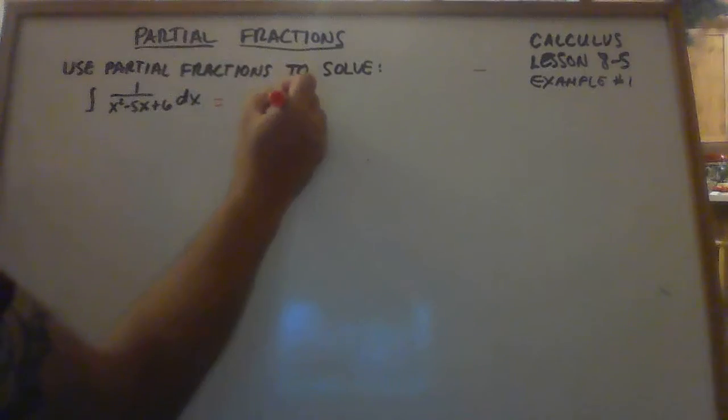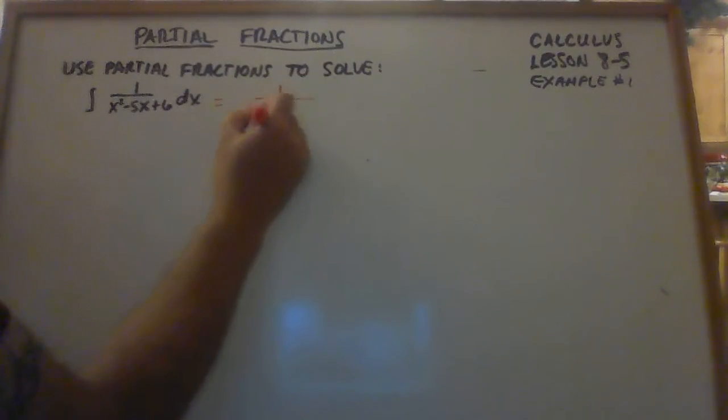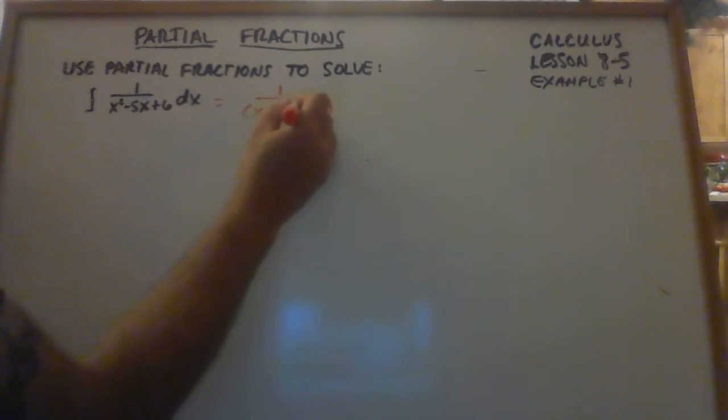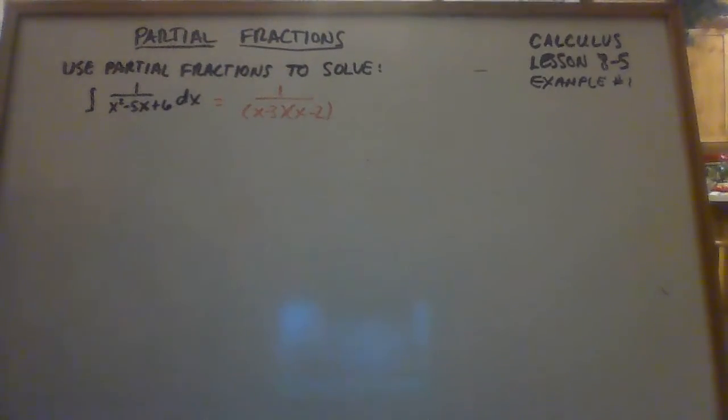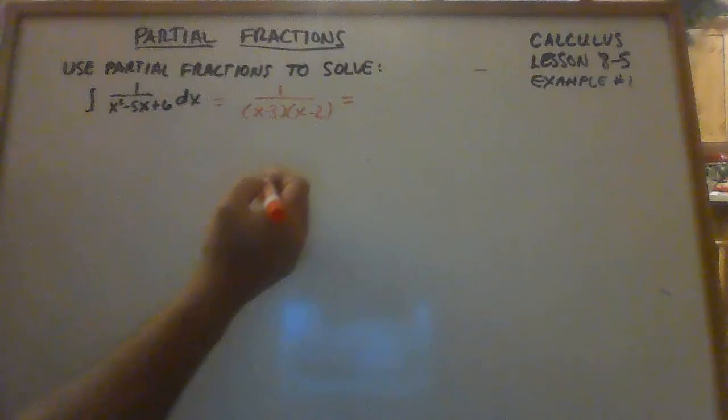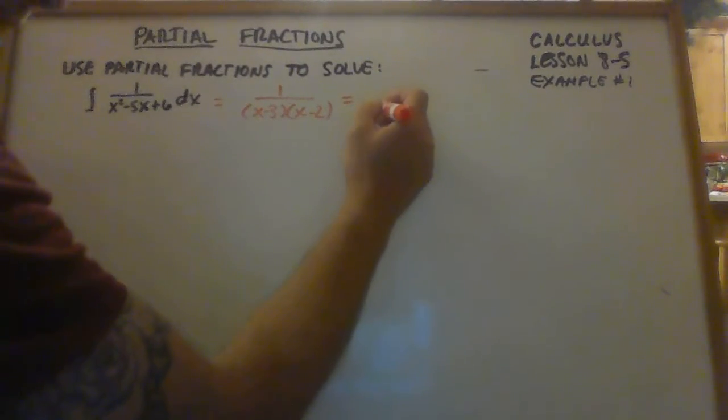So this is 1 over x minus 3, x minus 2. Okay. And then what you're going to do is set this equal to this equation here.